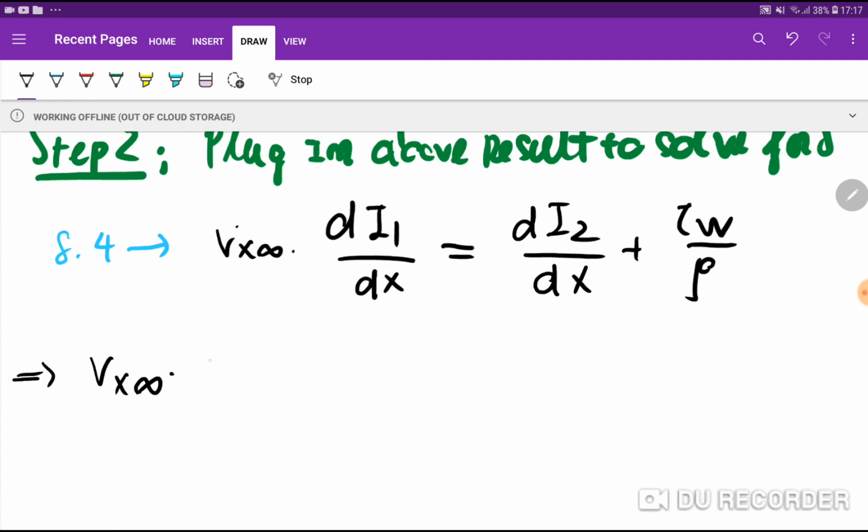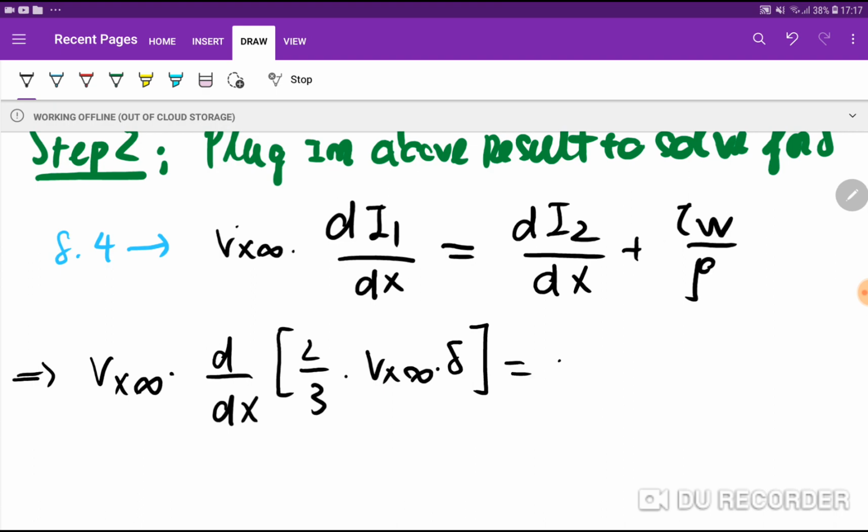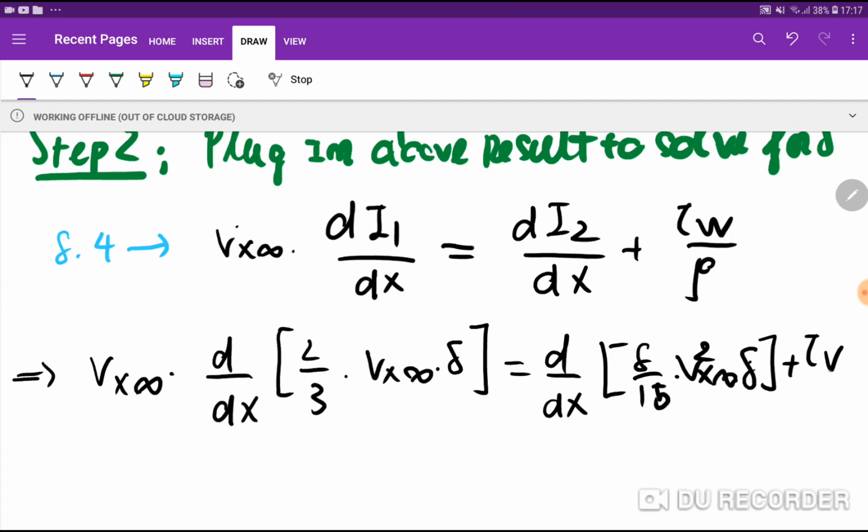Vx infinity times d dx of, we have I1 already, which is 2 over 3 times Vx infinity times delta, equal to d over dx of a over 15 of Vx infinity squared times delta plus tau w over rho.